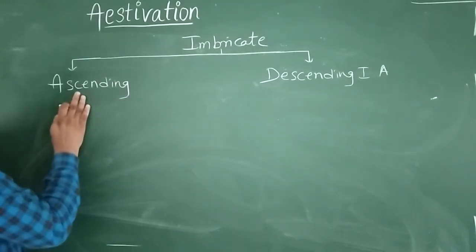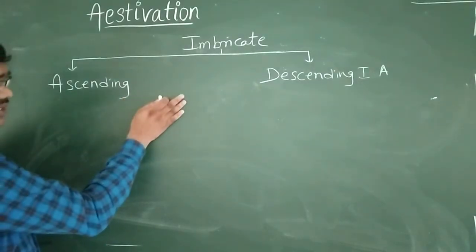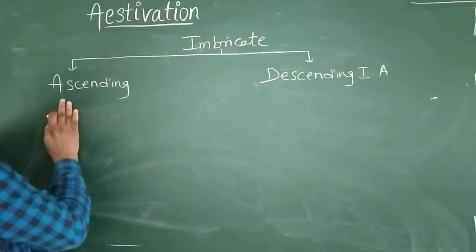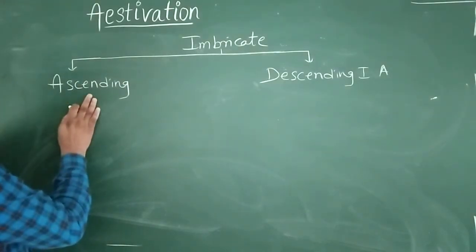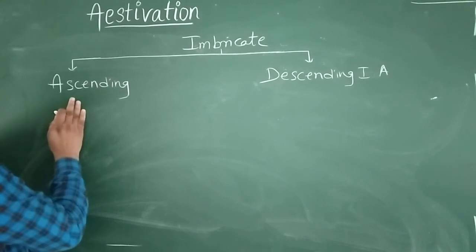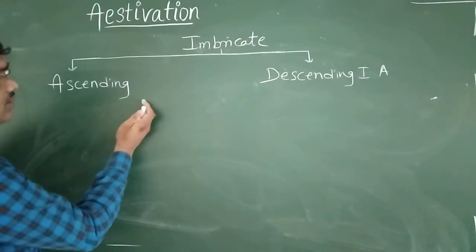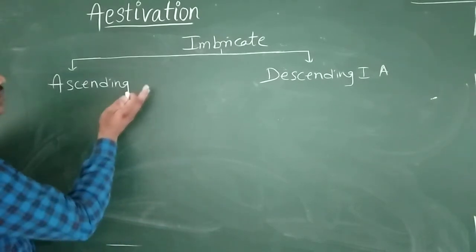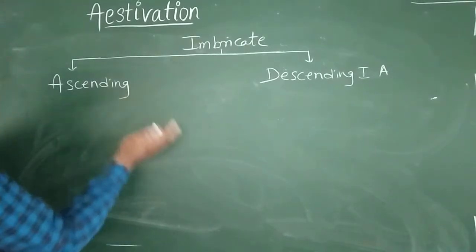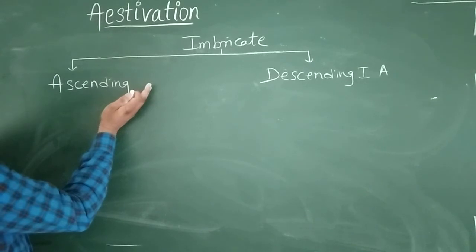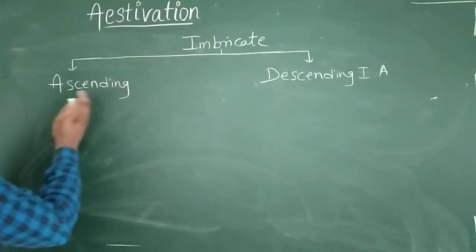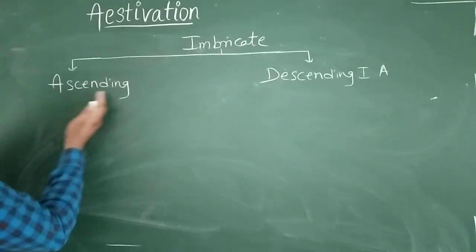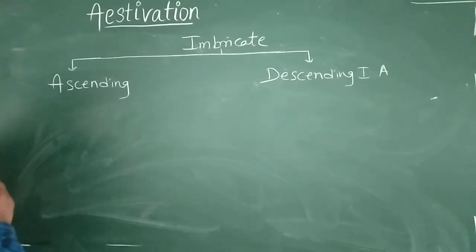In this type of estivation, sepals or petals are overlapping from the anterior side to the posterior side. So I will explain what the ascending imbricate estivation is.